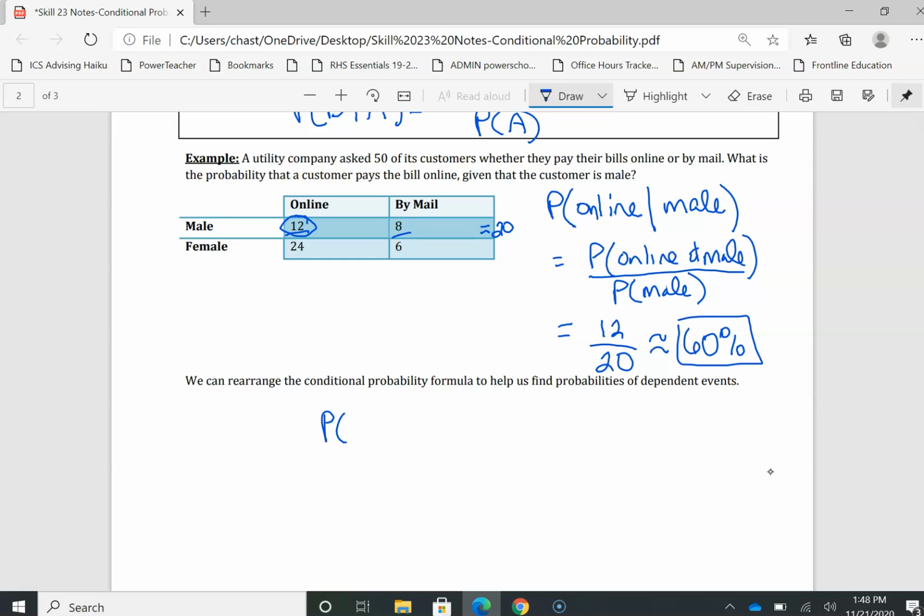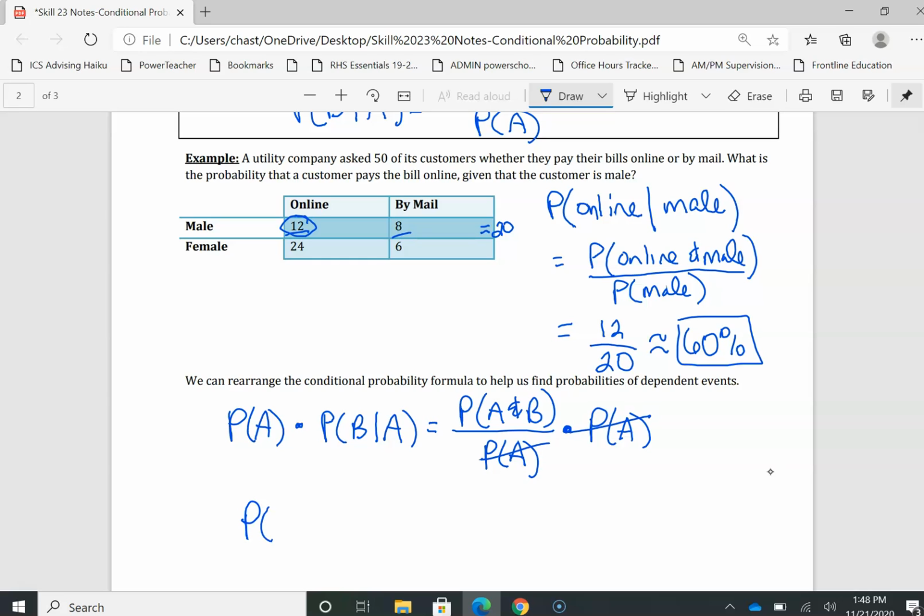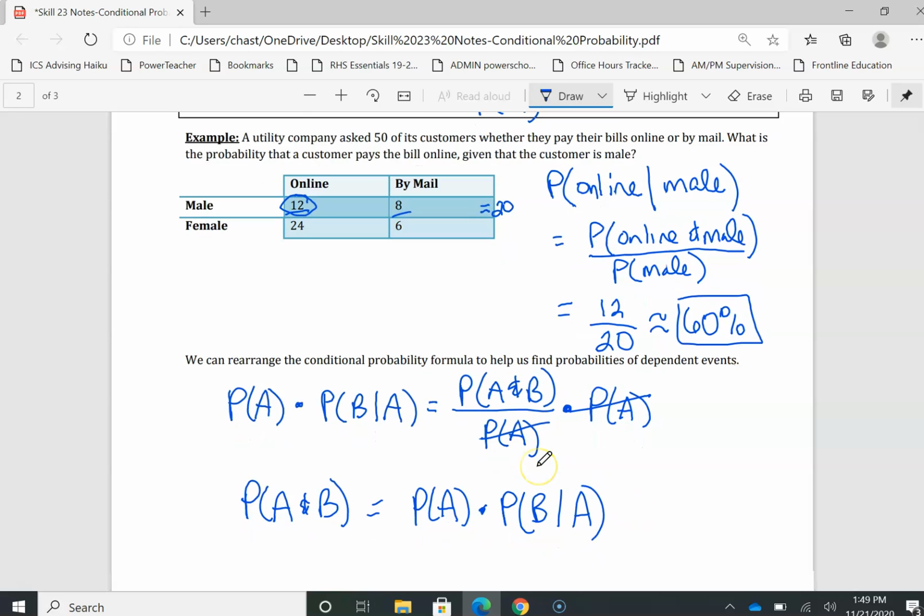We know that the probability of B given A is just the probability of A and B together divided by the probability of A. Let's say I wanted to figure out the probability of A and B. If I solve this equation for that, I multiply both sides by the probability of A. And the probability of A and B is just the probability of A times the conditional probability of B given A.